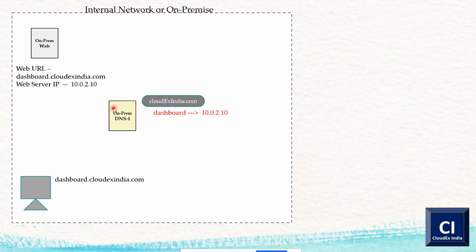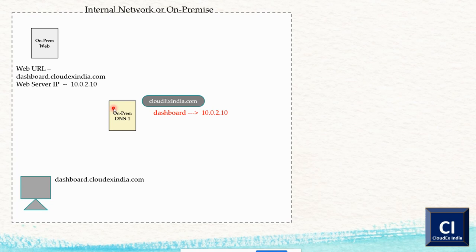In the DNS server we have to create a zone. There are three types of zone: primary, secondary, and stub zone. Based on the use case you may have a primary or secondary zone. We can talk about zones later. Under the zone, you have to create a record, and there are several types of records. This is the host record, which points to a server.